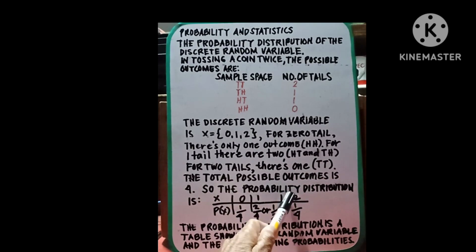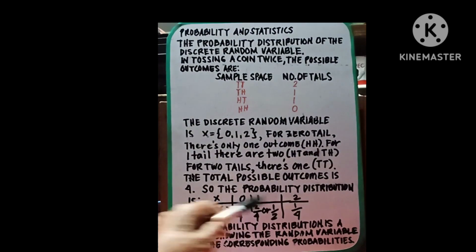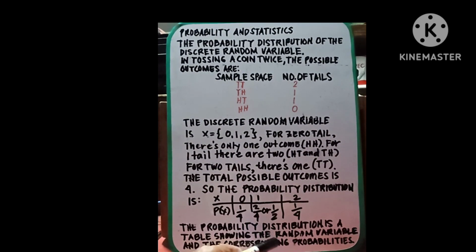And for 2 tails, there is only one possible outcome, so 1 out of 4, or 1/4. The probability distribution is a table like this, showing the random variable and the corresponding probabilities.